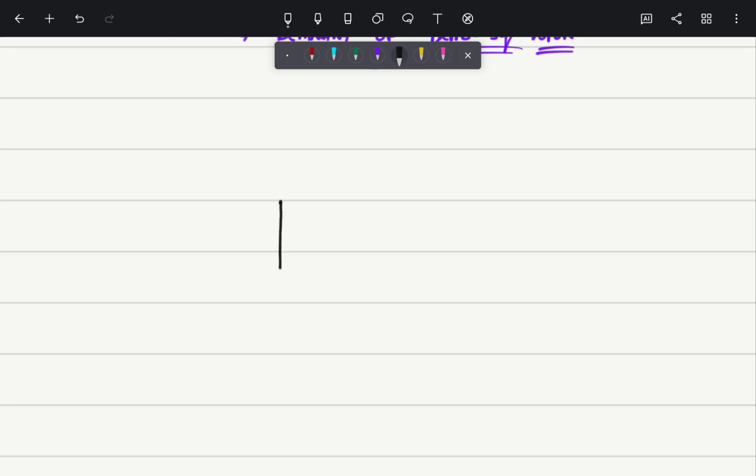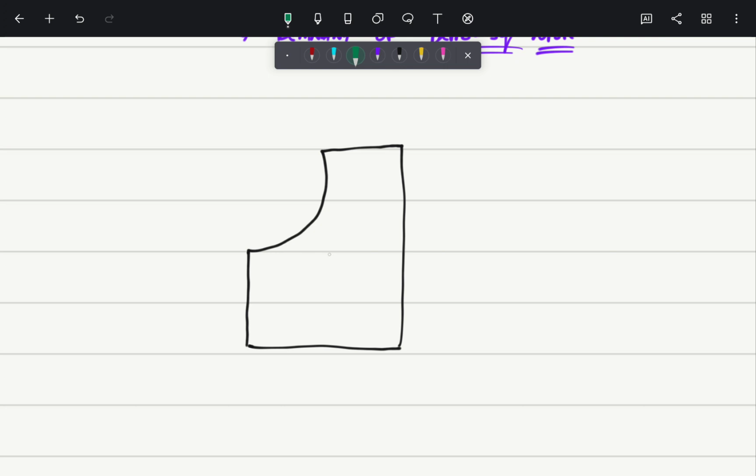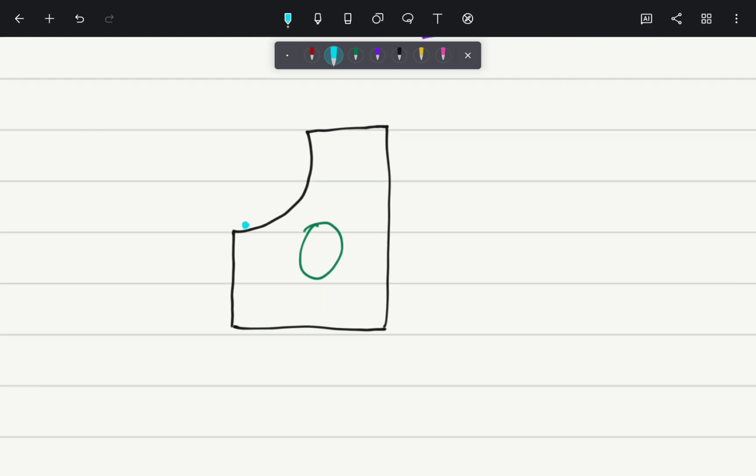So this is the mastoid. Let's draw it clearly. So this is the mastoid, and inside the mastoid we have the antrum, which is the biggest air cell. Now on this mastoid process we have some cells.